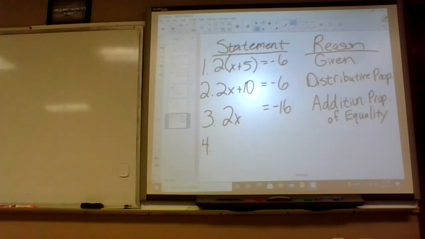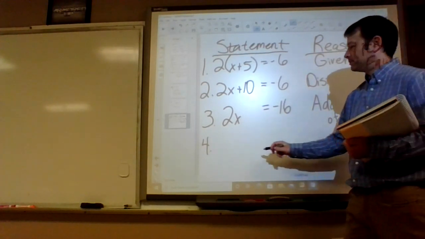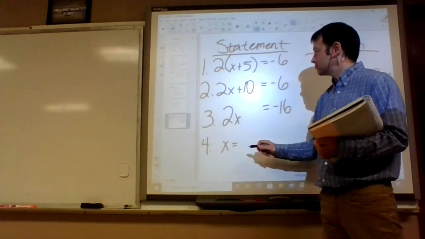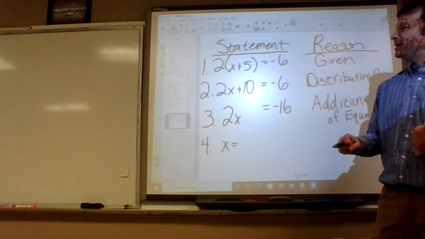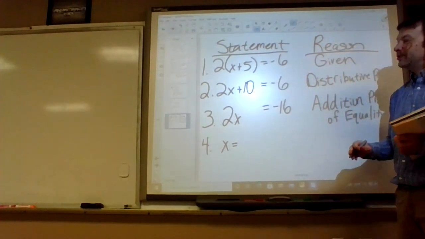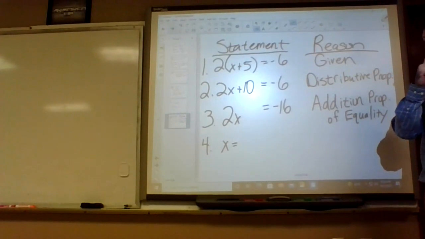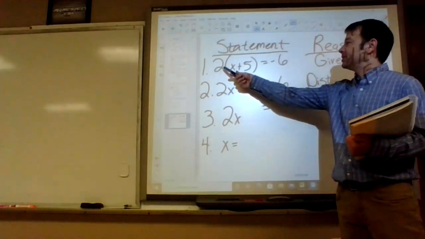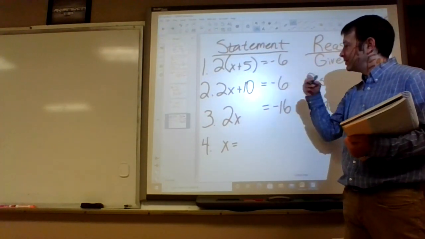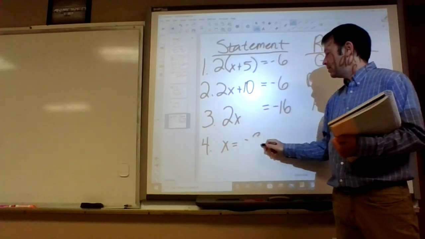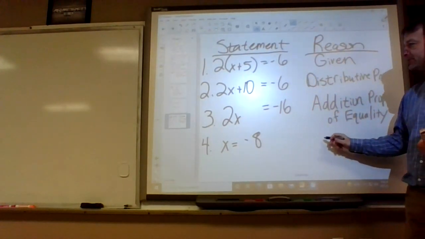Now what? Divide by 2. Too late, I already said it. If we had divided by 2 to start with, I think our proof would have been one step shorter. I just realized that, because we could have divided by 2 and then subtracted 5. And what property did we use?